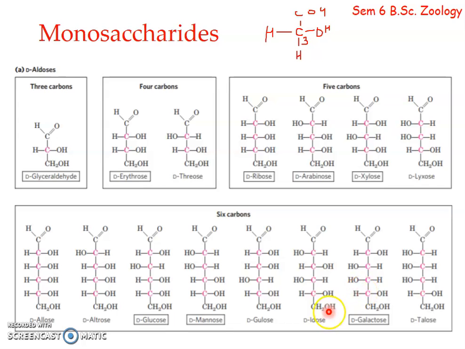Let's take one example, glucose. This is the most oxidized carbon, and the farthest asymmetric carbon from it is C5. So we look at the position of the hydroxyl group on C5. If it is on the right side, we name it the D form, and if it is on the left side, we name it the L form.